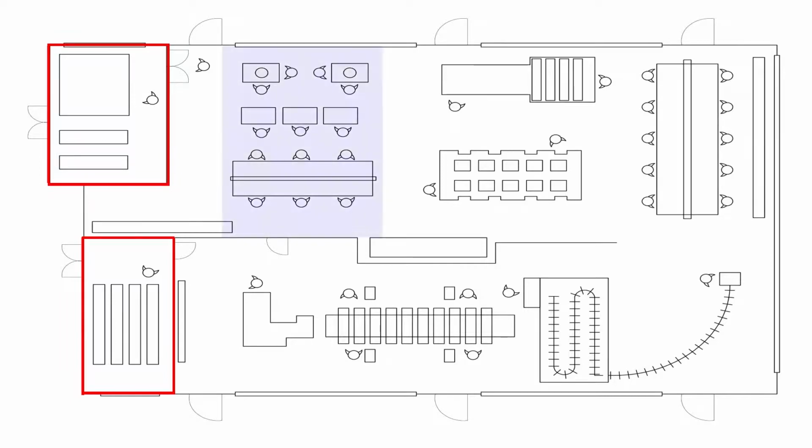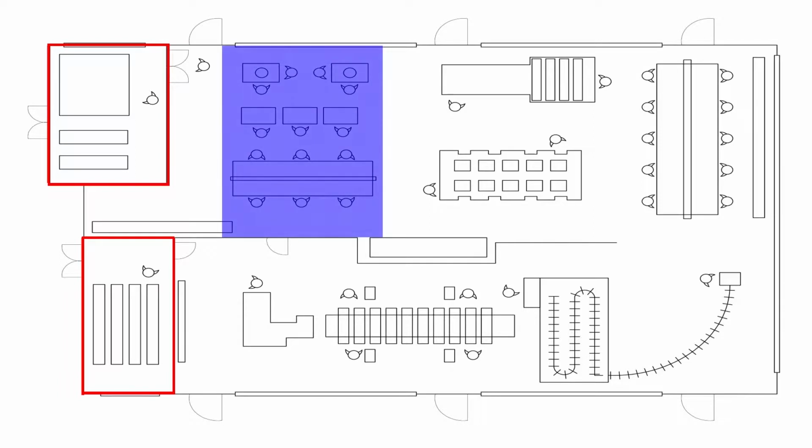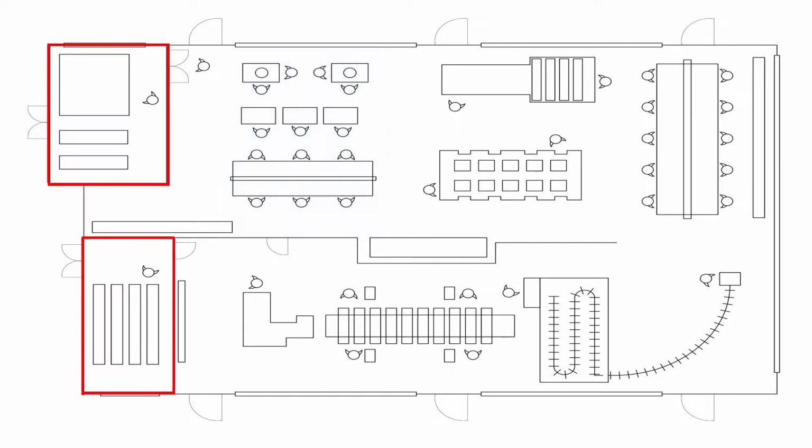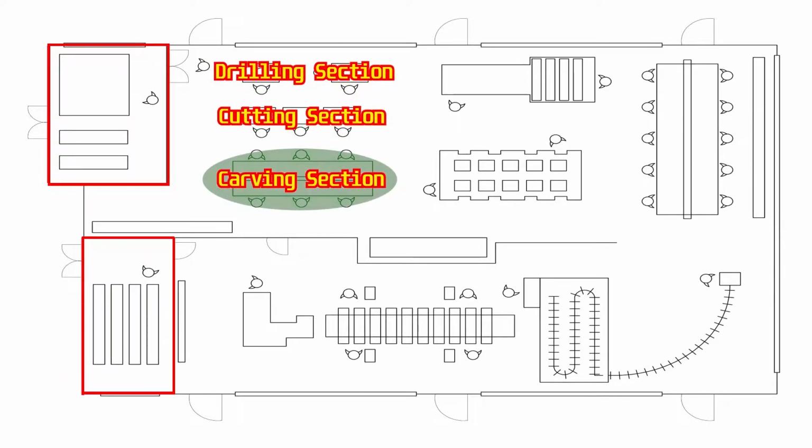Second, machining section. Basically, the machining section is divided into 3 substations, which are drilling section, cutting section, and carving station. All these stations are located nearest to the raw materials to ease the intake of the raw materials.